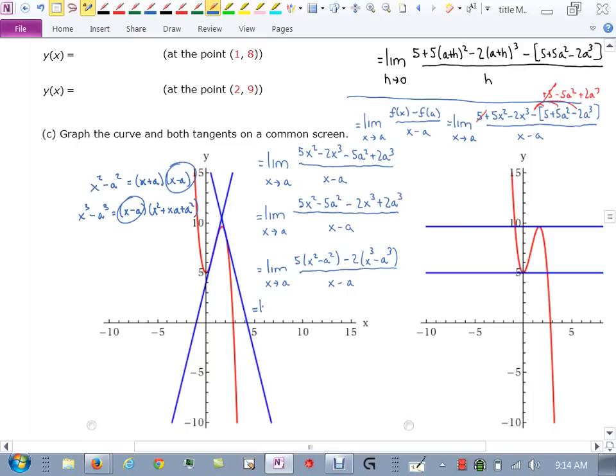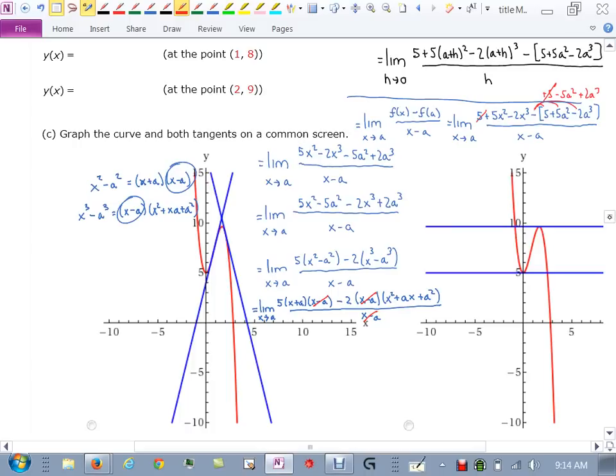So I take the limit, x approaches a, of 5 times x plus a, x minus a, minus 2 times x minus a, x squared plus ax plus a squared, all of this over x minus a. And now the x minus a, since it's common in each one, I can factor out and cancel.